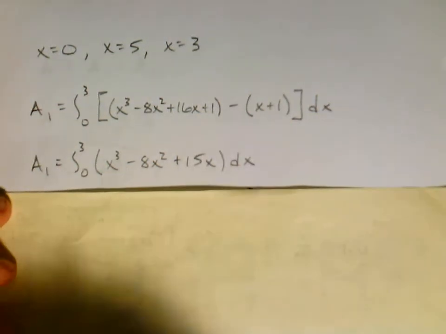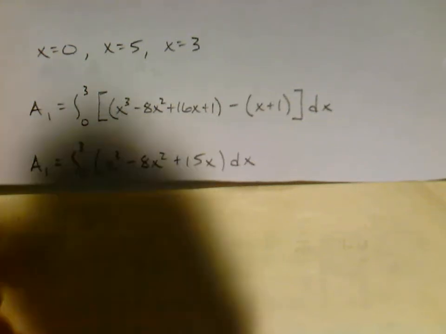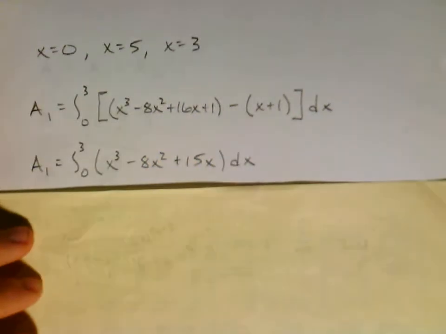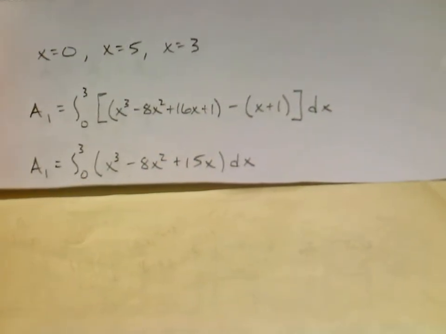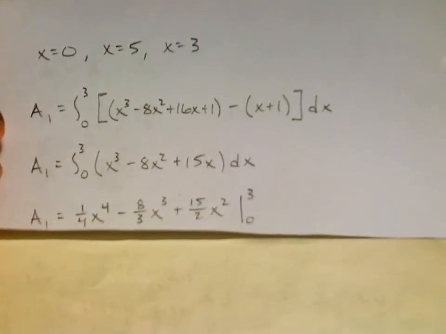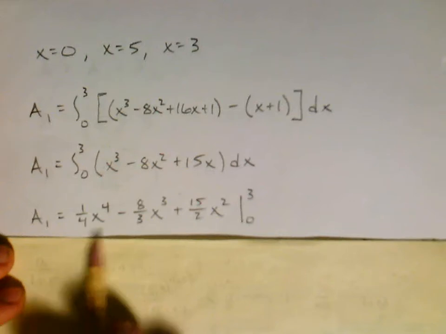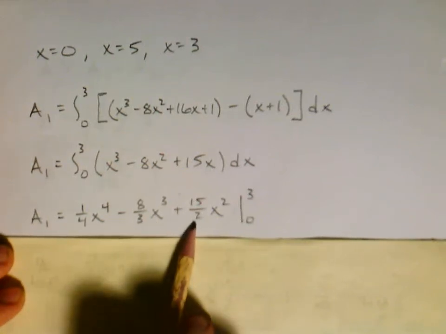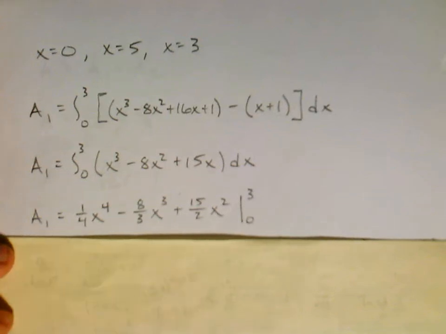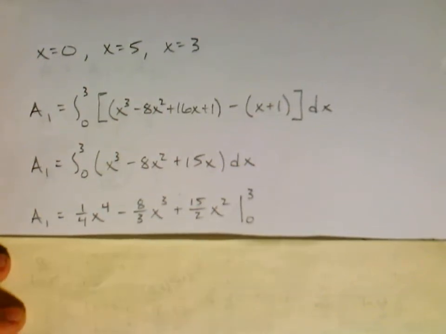Hey, that looks familiar from when we were solving, right? The integral of x to the third minus 8x squared plus 15x from 0 to 3. Okay, let's go ahead and knock out the antiderivatives. So 1/4 x to the fourth minus 8 over 3 x to the third plus 15 over 2 x squared. Doing the antiderivatives, then we evaluate from 0 to 3.